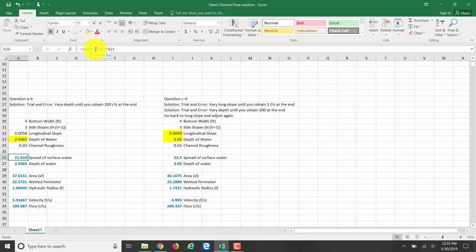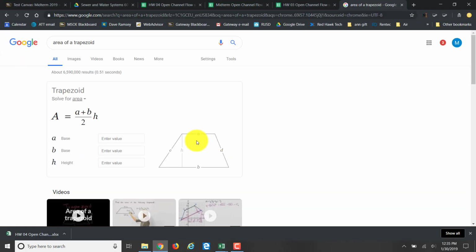I multiply that by 2 to get the 2 sides of my channel. The depth of my water is just carried over from over here. And my area in square feet is going to be looking back at, here's my area of my trapezoid.